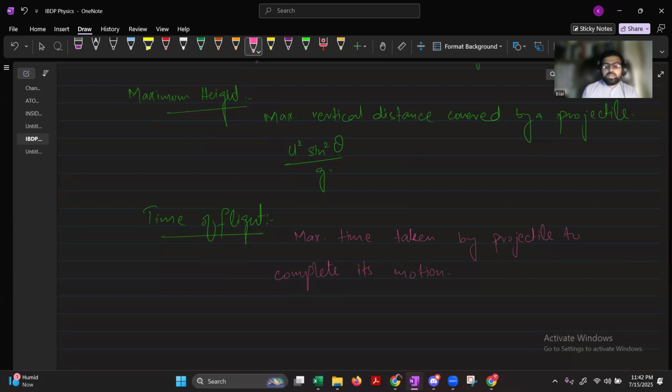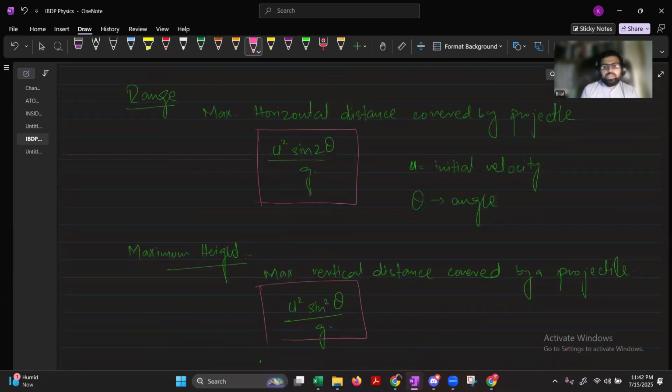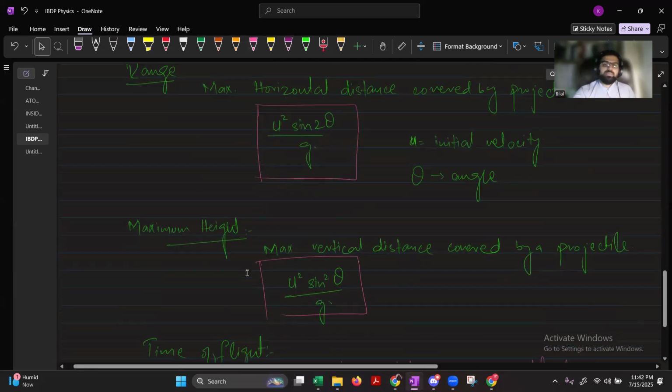And the formula for time of flight is 2u sine theta over g. So these are the three formulas that you should know in order to calculate range, maximum height, or time of flight.